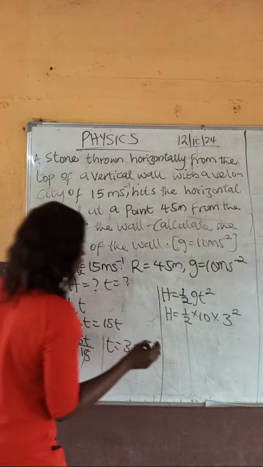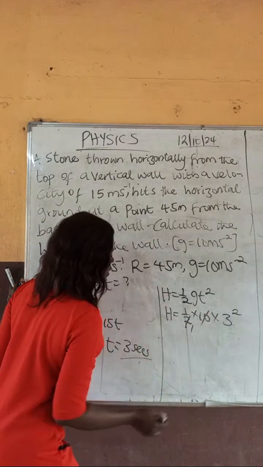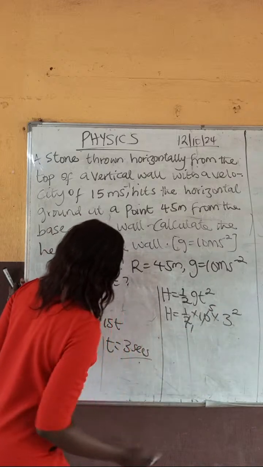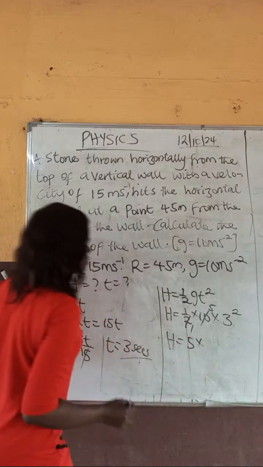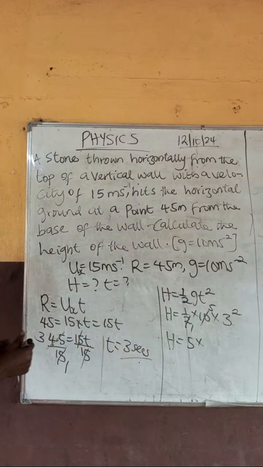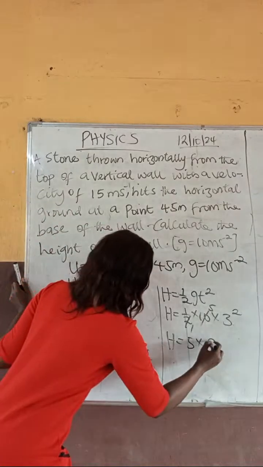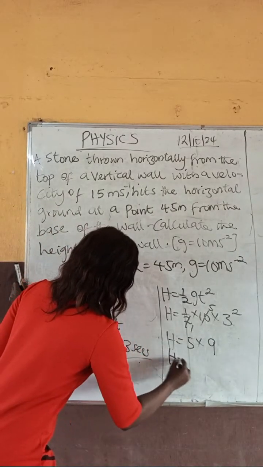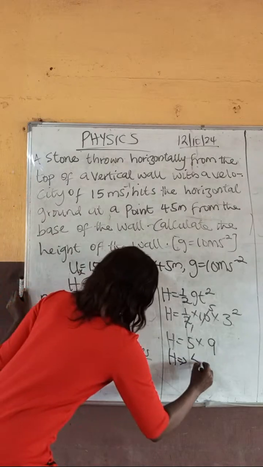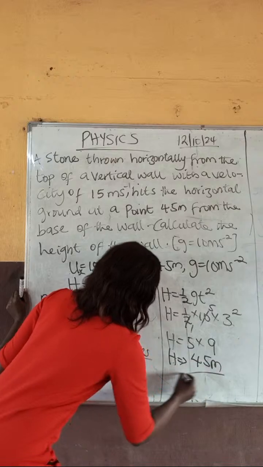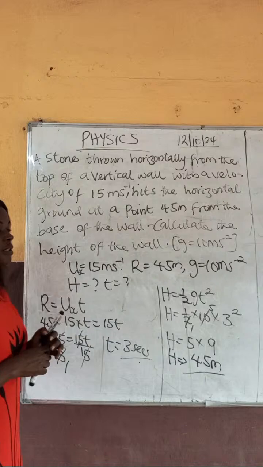Okay, so what can go? 2 can divide 10, I'm left with 5. So h is equal to 5 times the square of 3, which is 9, that is 3 times 3 is 9. So h is equal to 5 times 9, that is going to give me 45 meters.